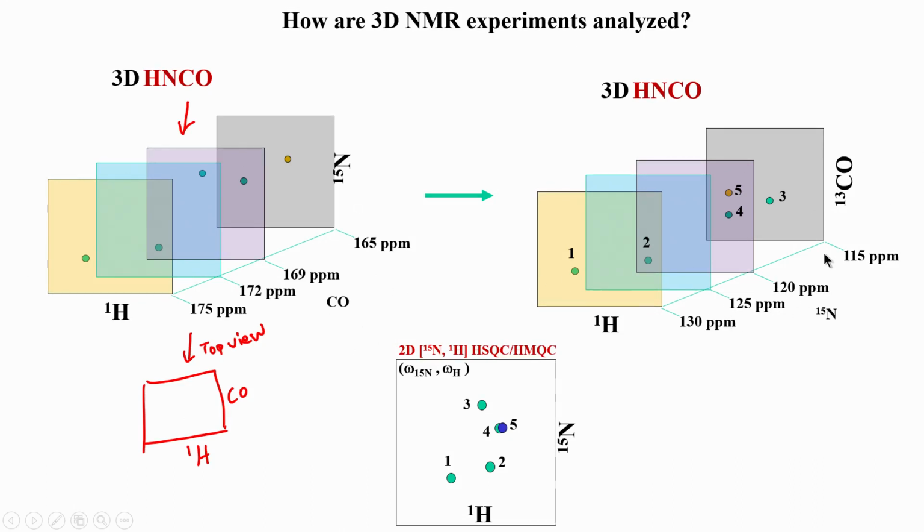Now nitrogen has come into this part, okay, and carbonyl has gone here. So, if I look at the top view of this, it will become like an HSQC. Okay. The top view means the view from here, as the arrow is pointing, that will become the top view. So, for each peak in HSQC, which will form my base, that is the basal projection, I can go to the third dimension and get the carbonyl chemical shift.